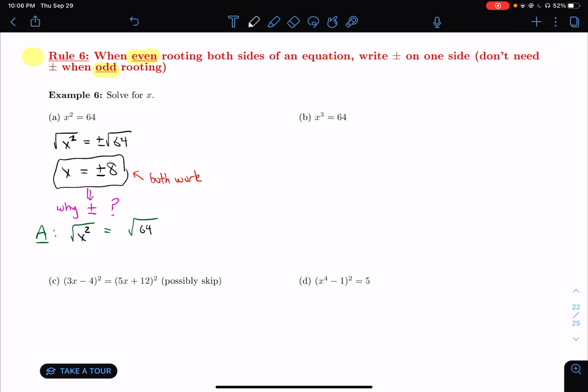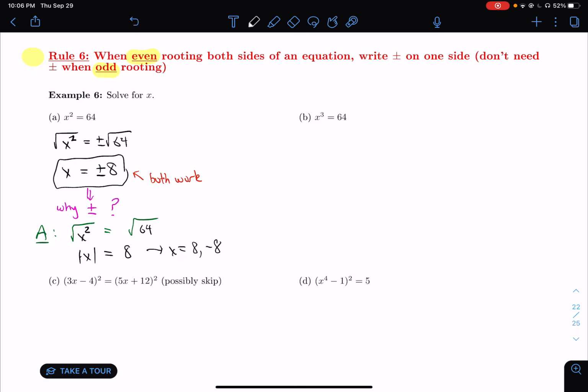Let's say I don't put the plus or minus. Well, the square root of x squared isn't quite x. Remember, this is absolute value of x. And on the other side, we get 8. Then I need to think about, what number, when I absolute value it, would give me 8? There's two possibilities. Either x could be 8 or it could be negative 8.